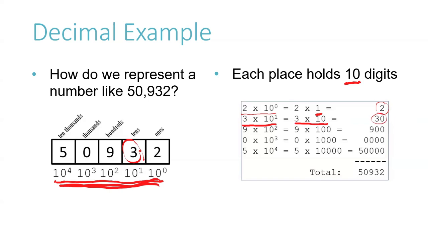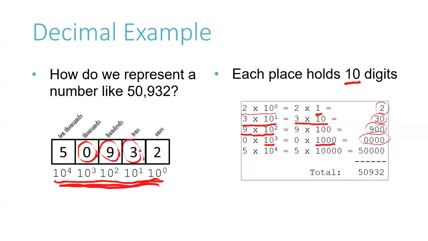We go to this column here, working right to left. And in this case, we've increased our exponent, right? So it's 9 times 10 to the second, or 9 times 100. So 9 100s is 900, and so on and so forth. In this case, we have 0 times 10 to the third, which is 0 times 1,000, which is, if you multiply anything by 0, 0.